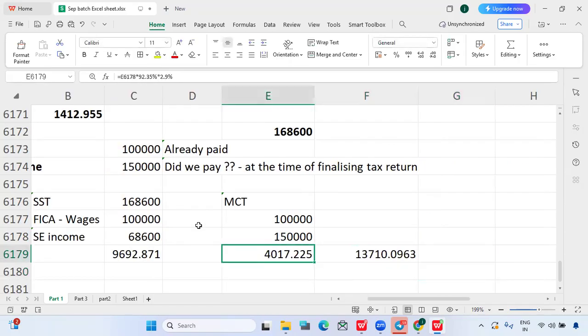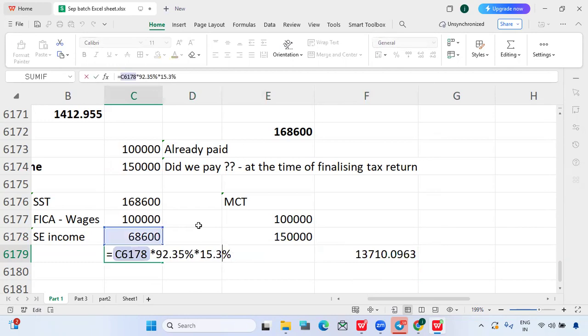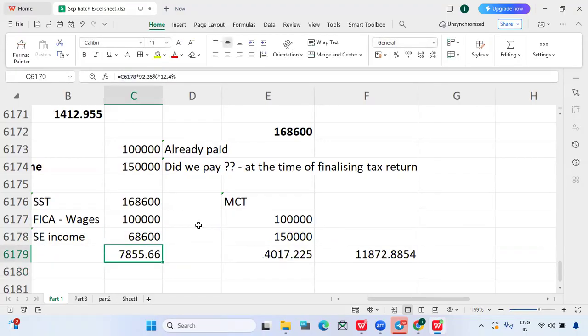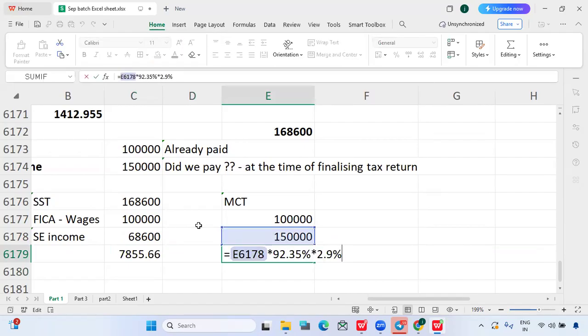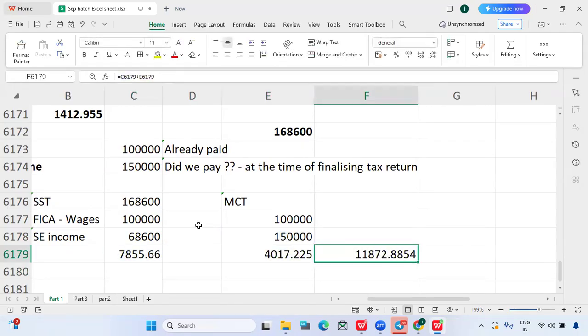And here as well, the Social Security Tax, I think it should be 12.4. Correct. Sorry. 12.4%. Correct. 12.4 and here 2.9. Yeah. So 11,872 we have to pay.